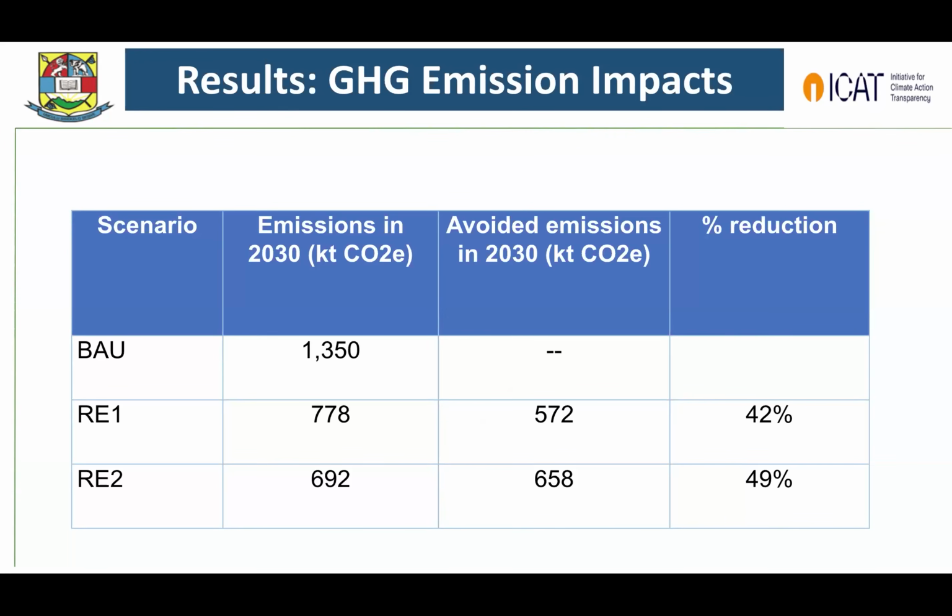And for renewable energy 2, which is where only the numbers from experts were used, it's 658, which is a 49% reduction. Next slide, please.